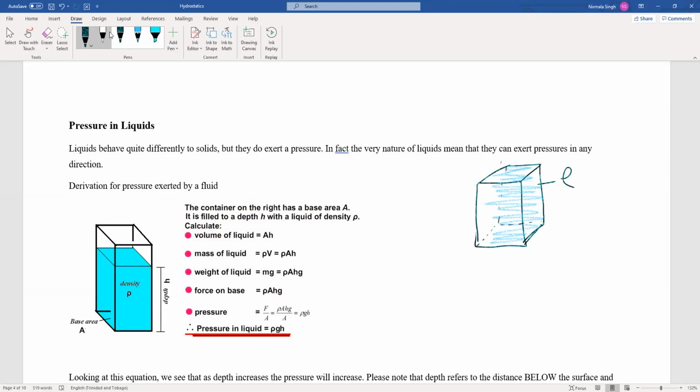Just to remind us, let's go through some basic steps you all should know. What is the volume of a cuboid equal to? How do you work out the volume of a cuboid? Volume of a cuboid or volume of a box.